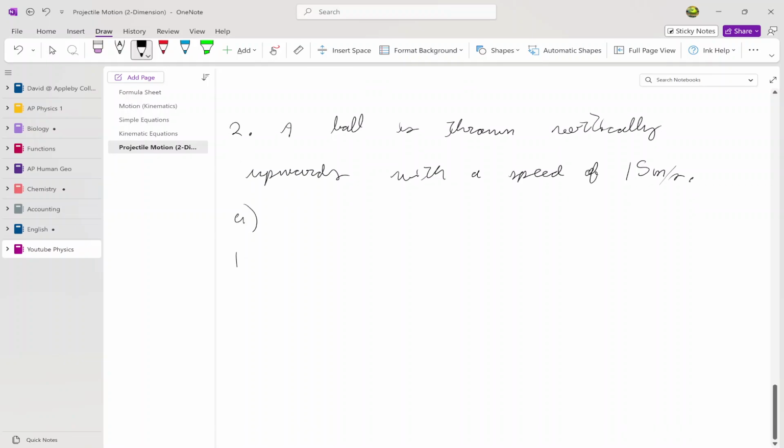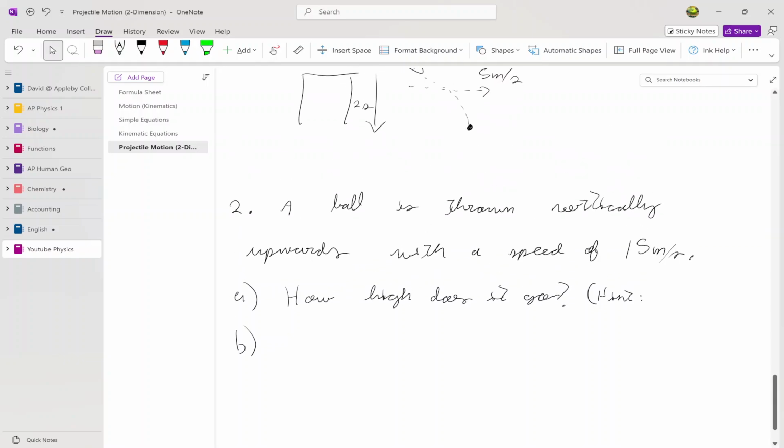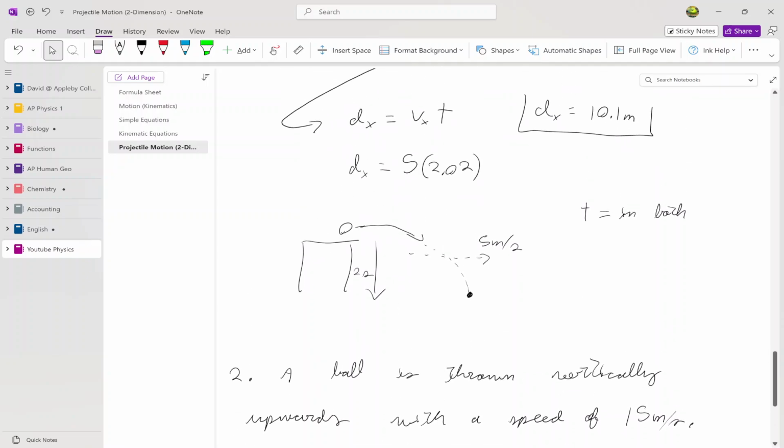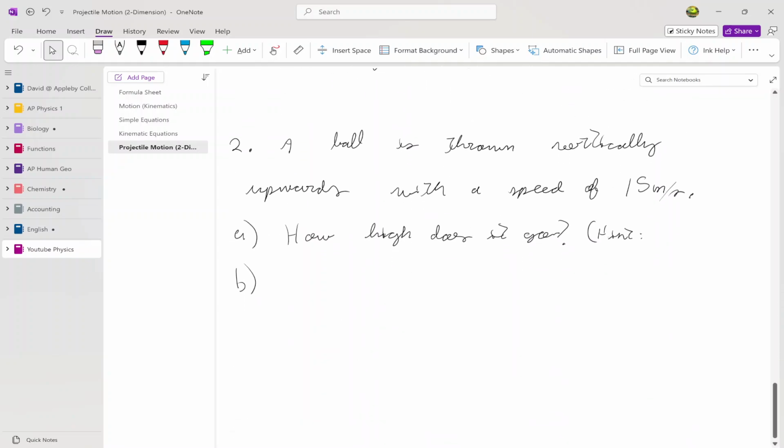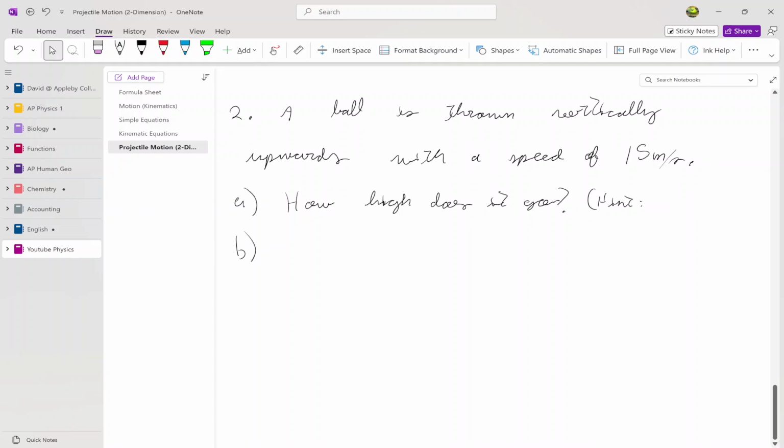This is a really simple question, but it can actually be quite tricky for some people. A: how high does it go? Okay, so hint. By the way, always feel free to try these problems on your own. Just pause. If you can't really read it, just rewind and listen to what I'm saying.